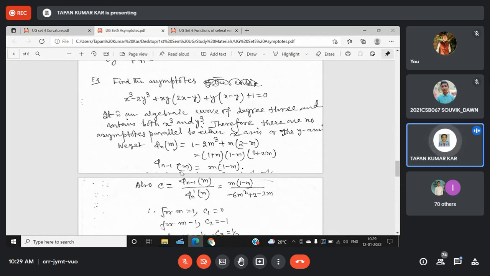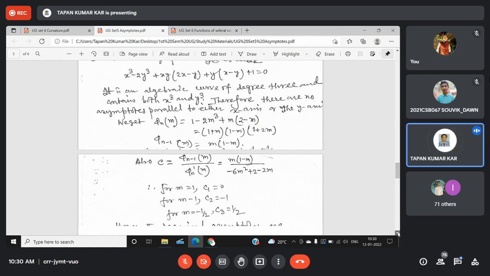And phi n minus 1, that is phi 2m. 2m means second degree terms. How many second degree terms are there? Only one, y into x minus y. So m into 1 minus m. Your formula is phi n minus 1 of m by phi n dash of m.